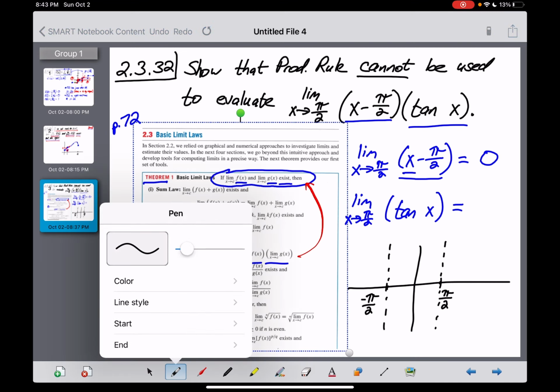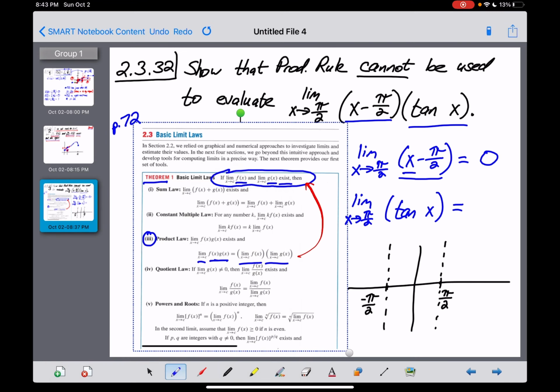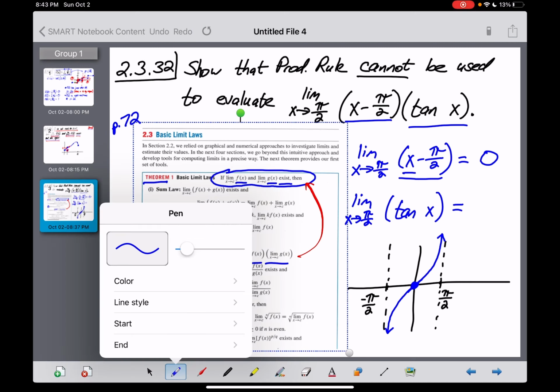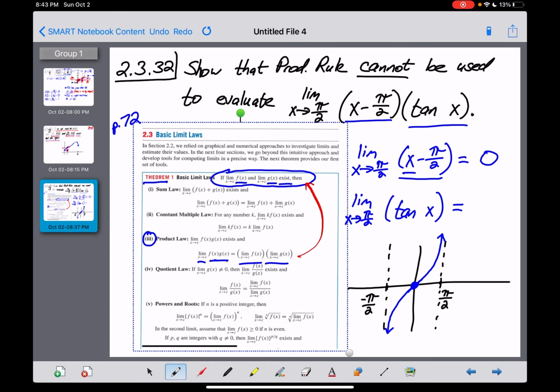And between those vertical asymptotes, we hit the point 0, 0. The tangent of 0 is 0. We go through the origin at a 45-degree angle, a slope of 1, and then it kind of looks like a y equals x cubed function, although the vertical asymptotes stop it from getting wider and wider. So that's what this looks like in one iteration, and I'd better go a little bit further to prove my point.